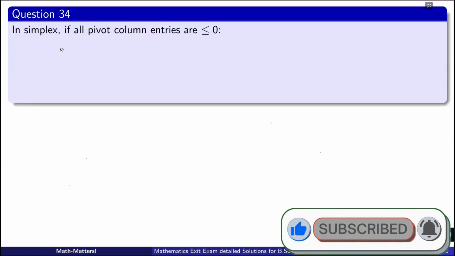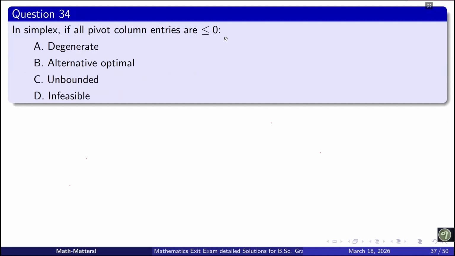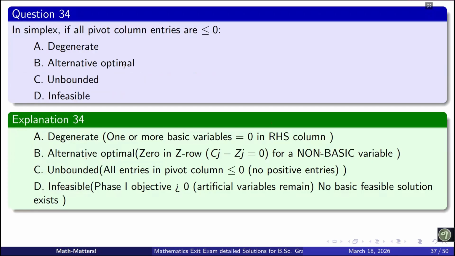Next, in simplex, if all pivot column entries are less than or equal to 0, that is, none positive, then the type of simplex could be degenerate, alternative optimal, unbounded, or infeasible. The simplex is said to be degenerate if one or more basic variables is 0 in the right-hand side column.